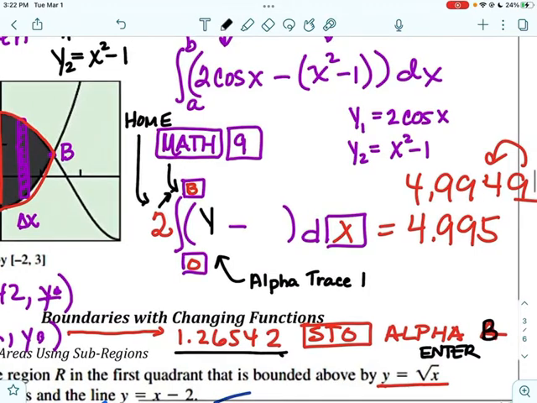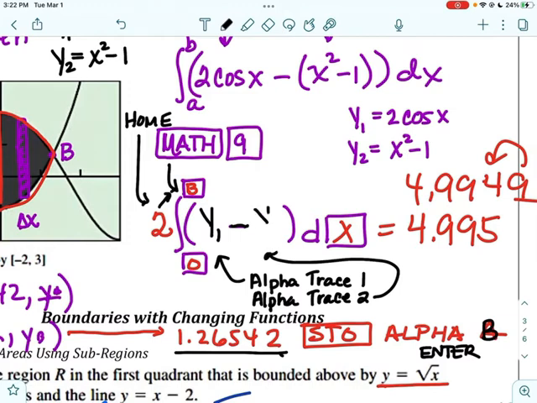Then you put the minus sign in, and hit alpha, trace, 2, and you get y2. Then you just type in the x here.